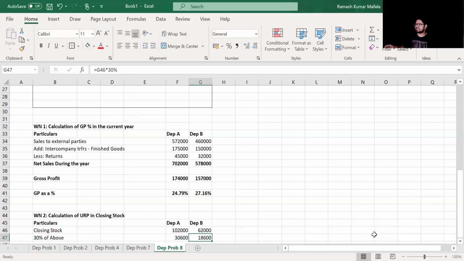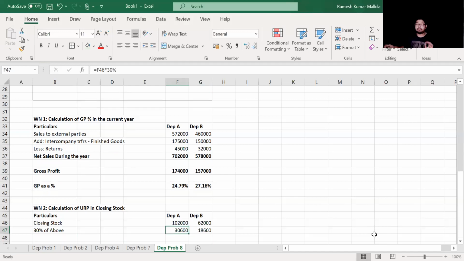Okay. 30,600 and 18,600. Now you need to be really cautious here. 30,600 is the price at which A bought from B. A bought from B at a markup of 27.16. Okay. Because B would have charged 27.16 as profit percentage. A would have charged 24.79.